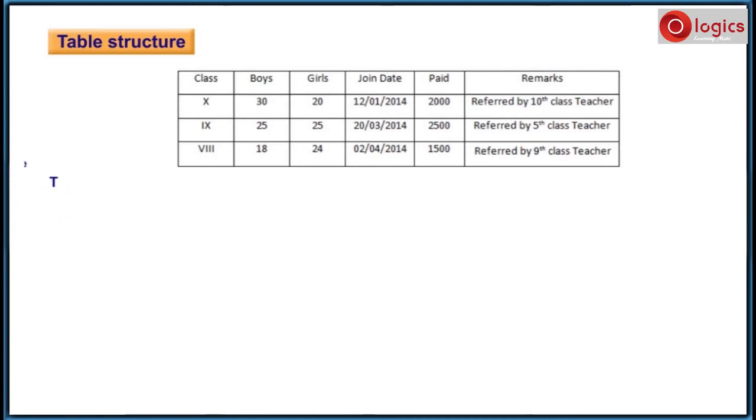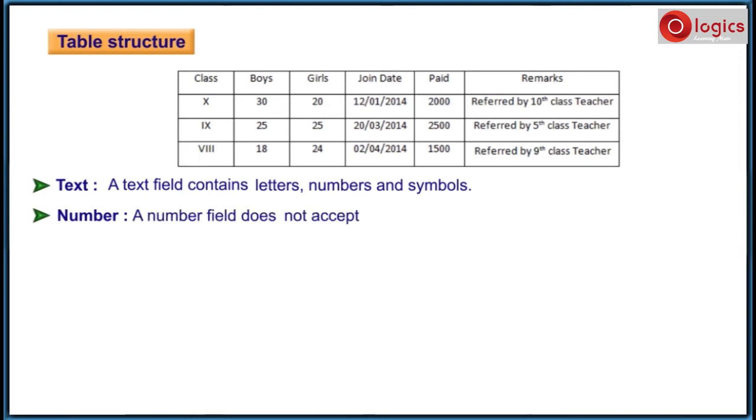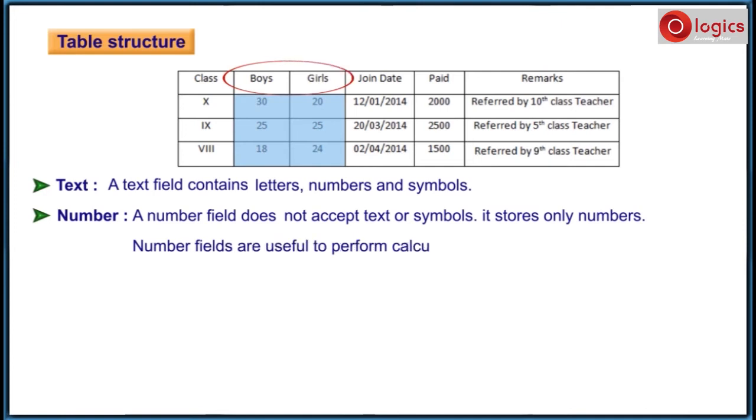Text. When you specify the table's field data type as text, then you can store alphabets, numbers and symbols in that field. Number data type. A number field does not accept text or symbols. It stores only numbers. Number fields are useful to perform calculation.